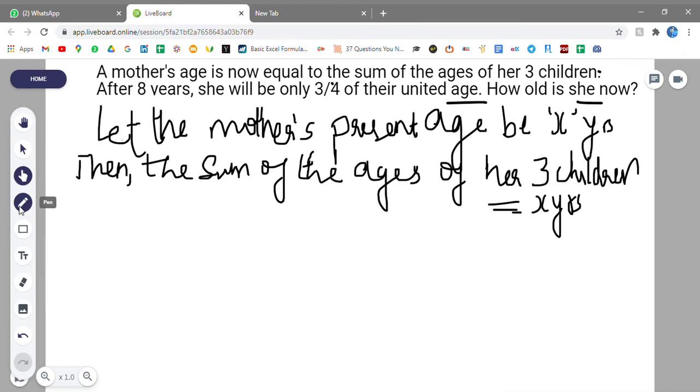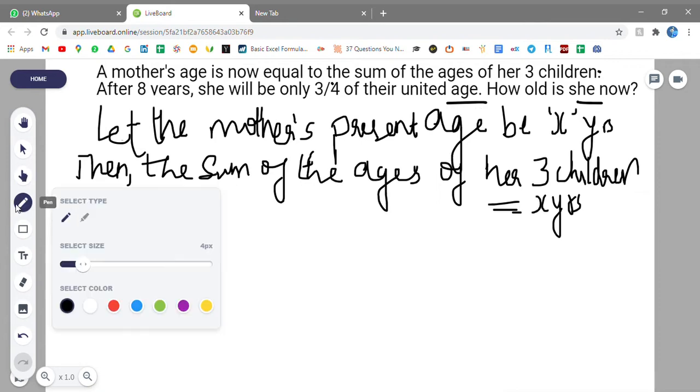So this is the first part of the problem. Now let us read the second part of the problem. After 8 years, she will be only three-fourth of their united age. United age is all the three children age together. That is what they are talking about.